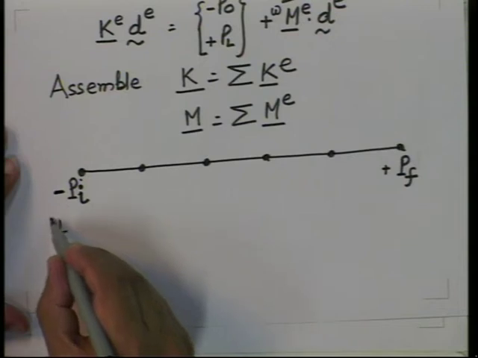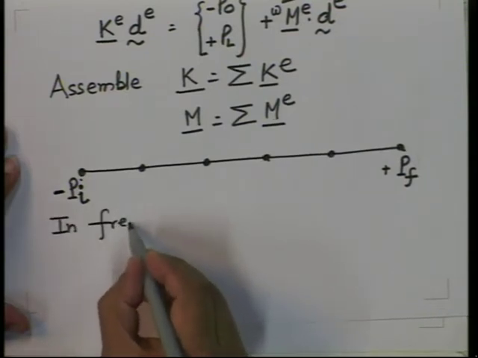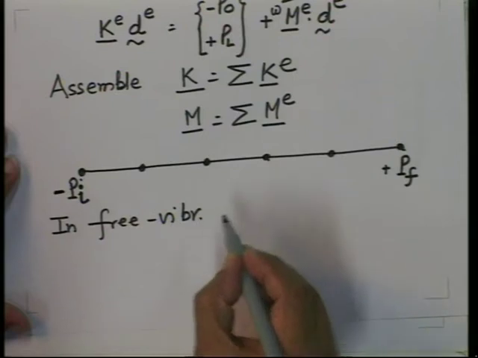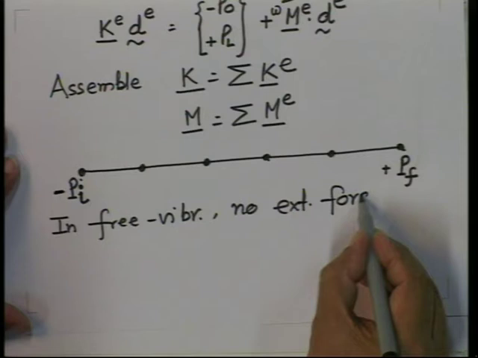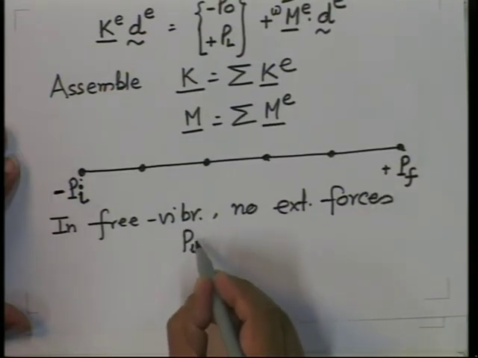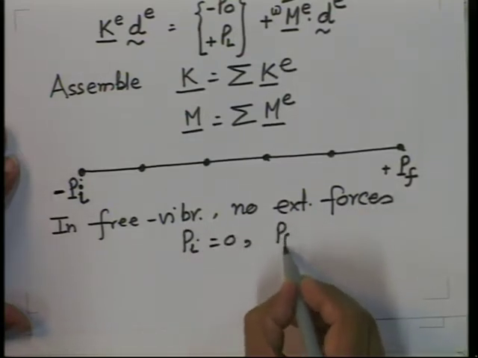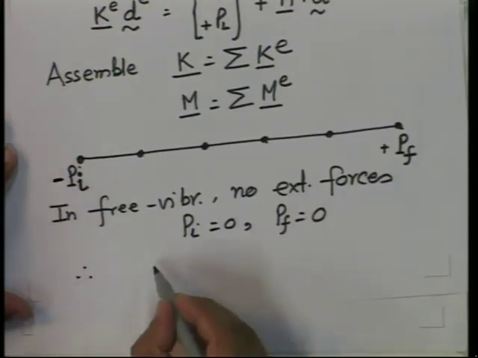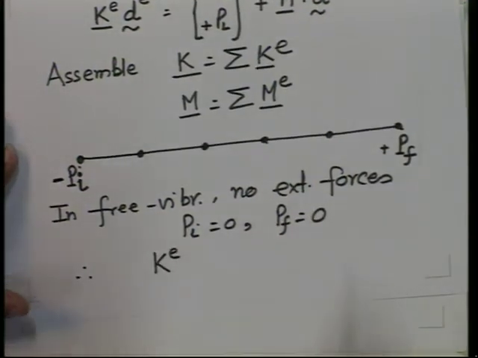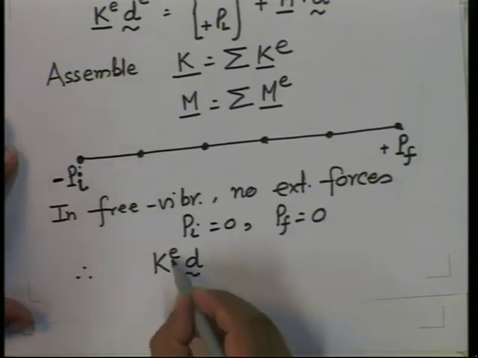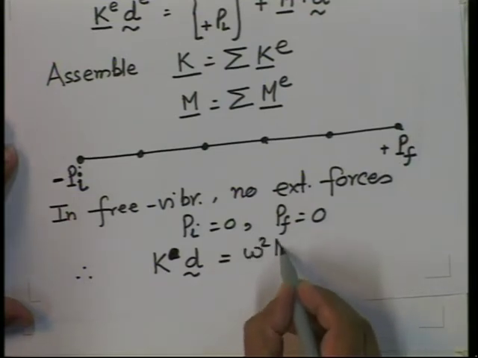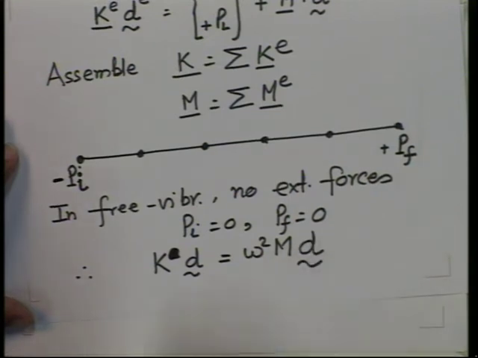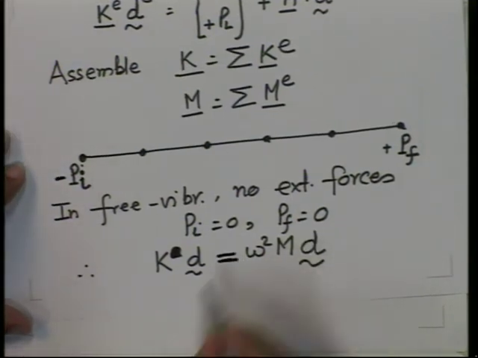So, both P initial and P final are zero, and therefore you are dealing with K D equal to omega square M D, and this is an eigenvalue problem.